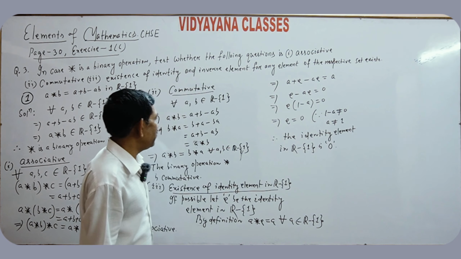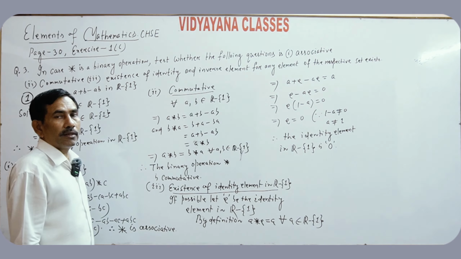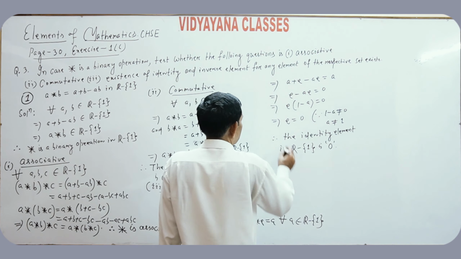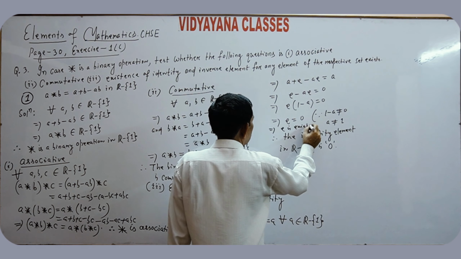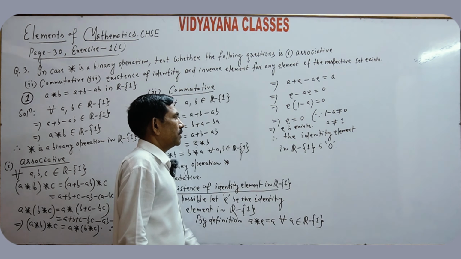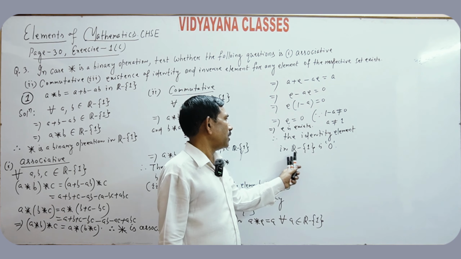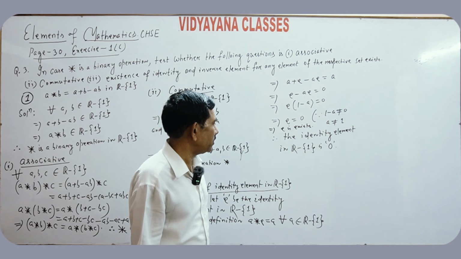That means the identity element exists. The identity element exists in R. Therefore, the identity element in R minus set of 1 is 0.